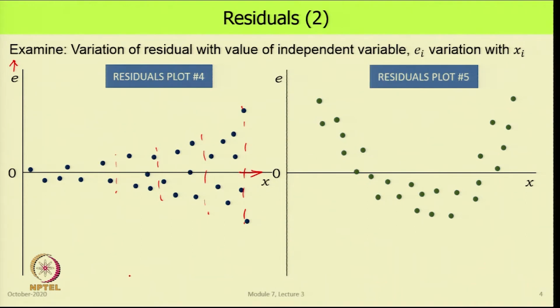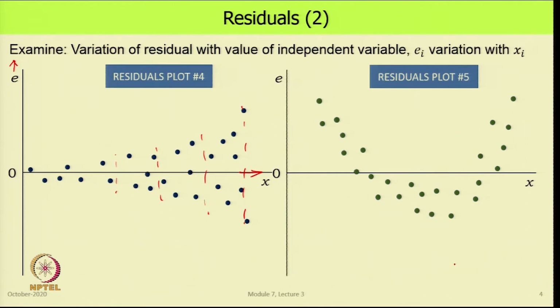Which means that the linear regression that we have fitted to this data is either not a very good assumption, or the data itself needs to be relooked at to see why this is happening. So, this is one example.